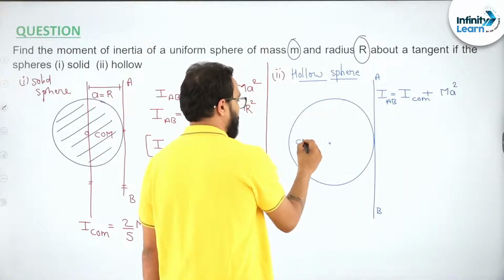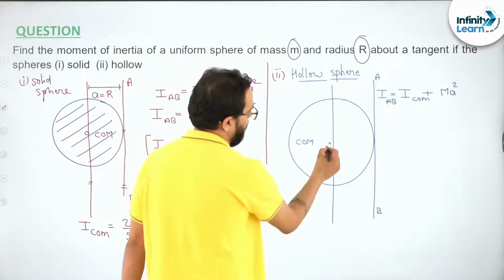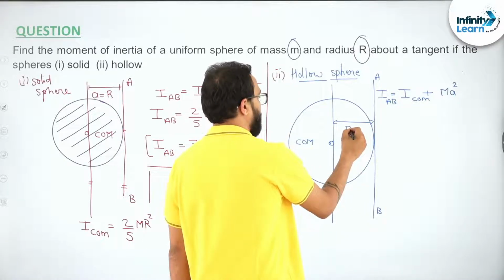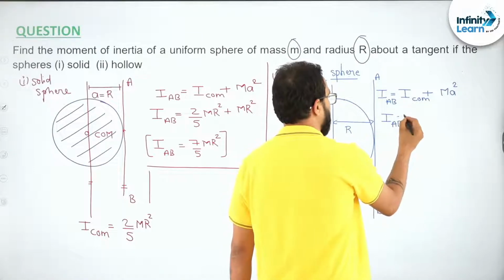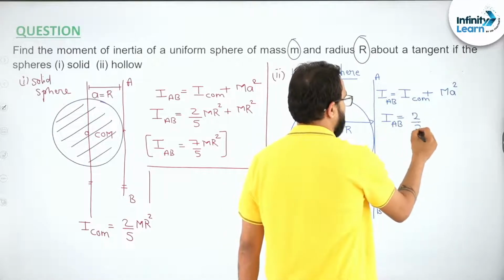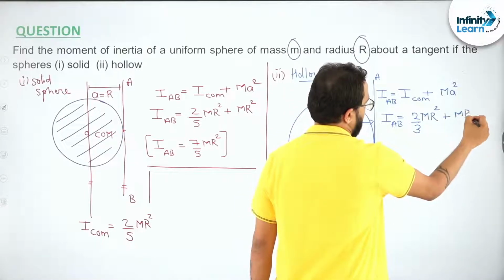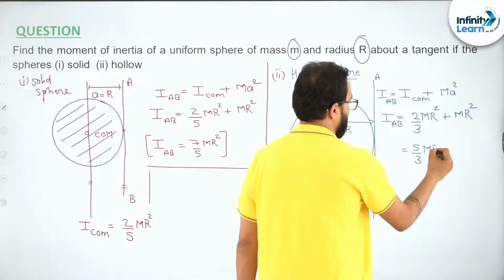Now search for the center of mass. This is the center of mass. Draw the axis passing through the center of mass. What is the perpendicular distance between them? You will say, sir, R. So what is going to be I about AB? You will say, sir, it will be 2 by 3 mr square plus mr square, which becomes how much? 5 by 3 mr square.